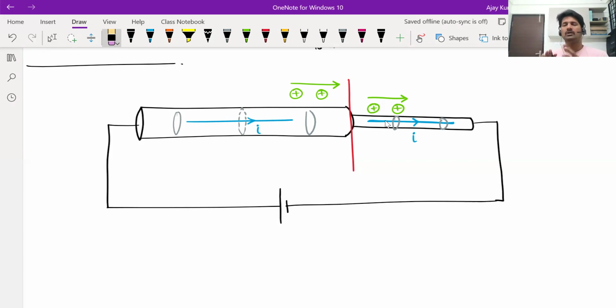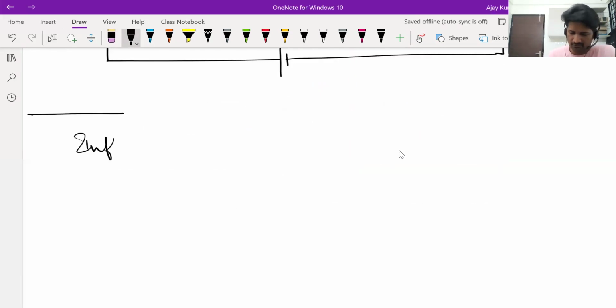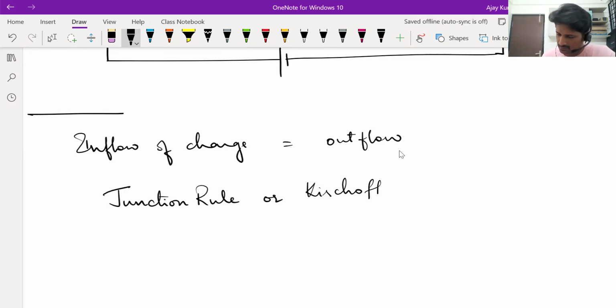So remember this property, we don't allow accumulation of charge anywhere. At any point in a circuit, inflow should be equal to outflow, right? And based on this fact itself, that inflow of charge is equal to outflow, we have something called the junction rule, or Kirchhoff's current law, KCL.